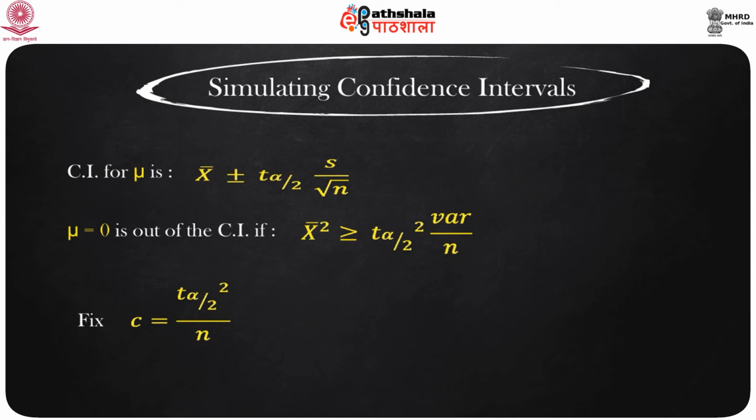Here mu is equal to 0 always, so we put that here. Now, x bar will vary with the varying sample, so we cannot fix it, and the variance will vary as we draw a new sample, so we can't fix that as well. But what we can fix is the remaining part, which is t alpha by 2 square by n. So, let us fix it and name it C.